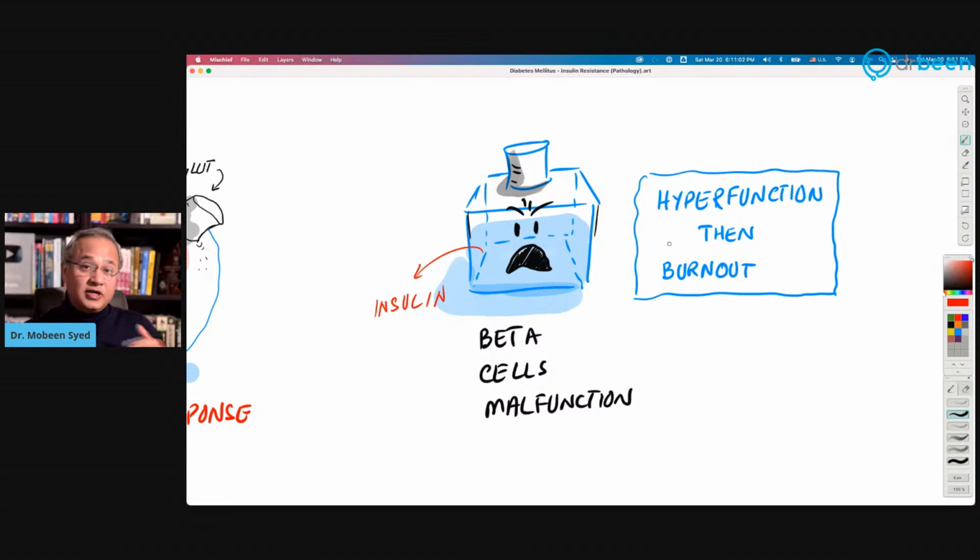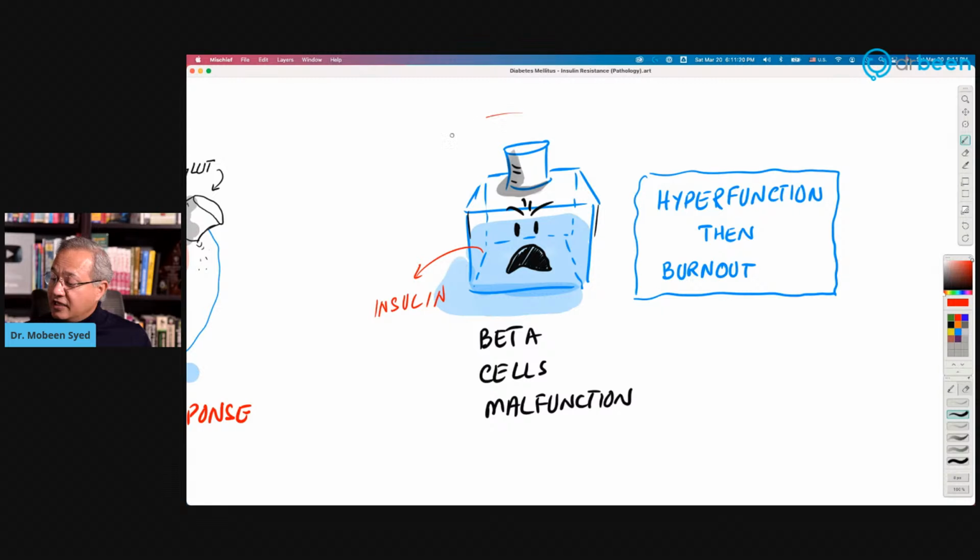And so when you test your glucose, it would be normal. Why would it be normal? Because there is a lot of insulin out in the blood, and that is keeping the glucose getting into the cells. So you would look at your glucose levels and you say, well, I am fine.